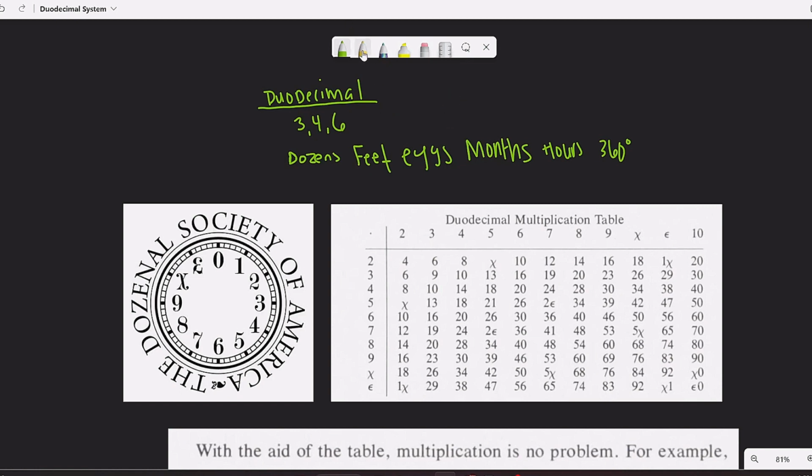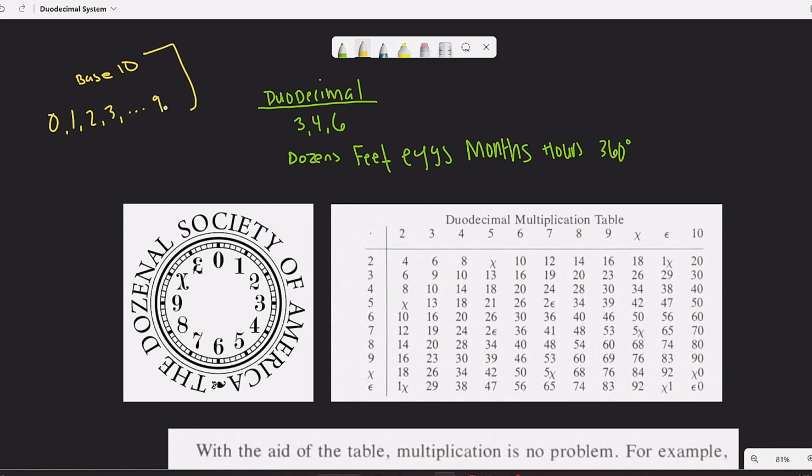But what exactly is a duodecimal system? To understand that, we have to understand that base 10 just means we have 10 digits to pick from. We have 1, we have 0, I almost forgot, 2, 3, all the way to 9.